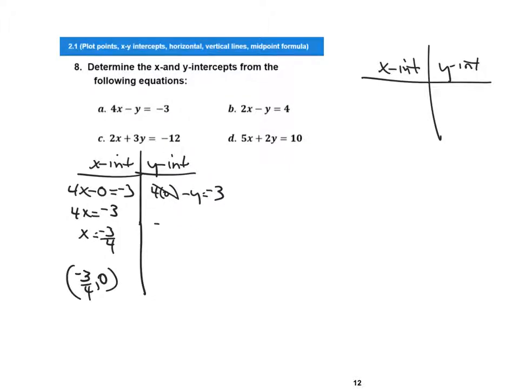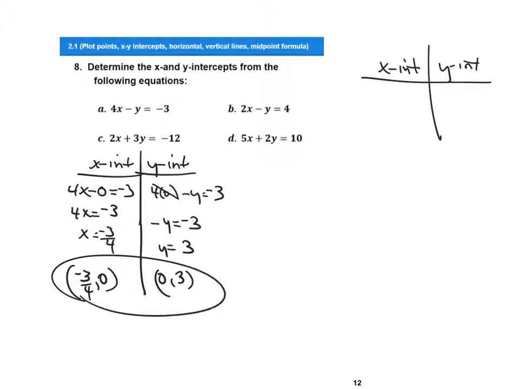So that goes to 0, so negative y is equal to negative 3, so y is equal to 3. So (0, 3) would be the y-intercept. That's what I'm looking for.